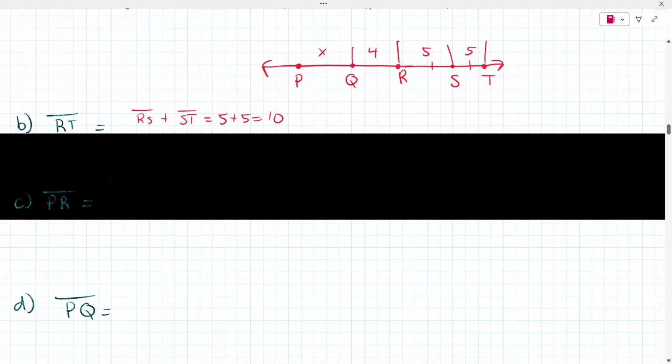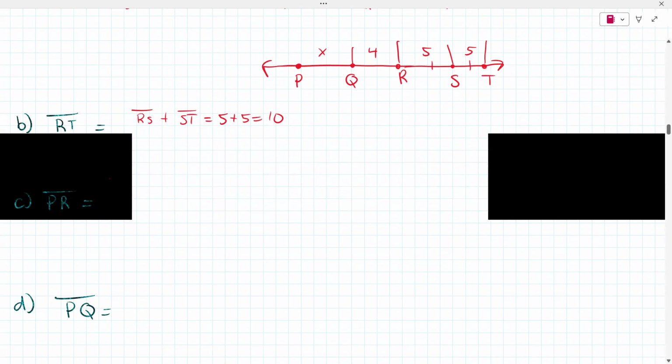What about line segment PR? It says line segment PR is congruent to RT. So we know that RT is 10, so line segment PR should also be 10. Here's PR right here. PR should be 10.